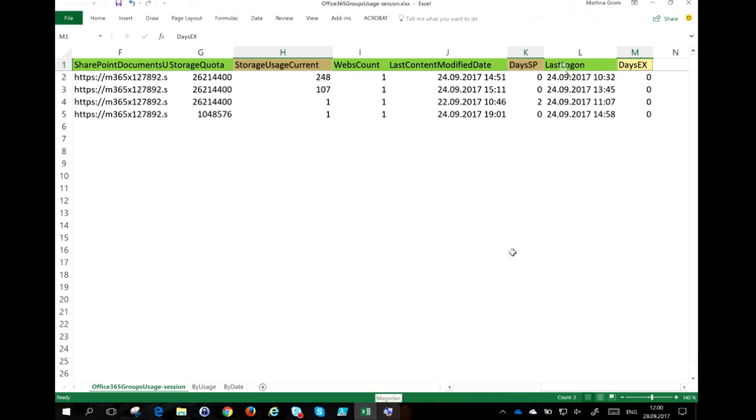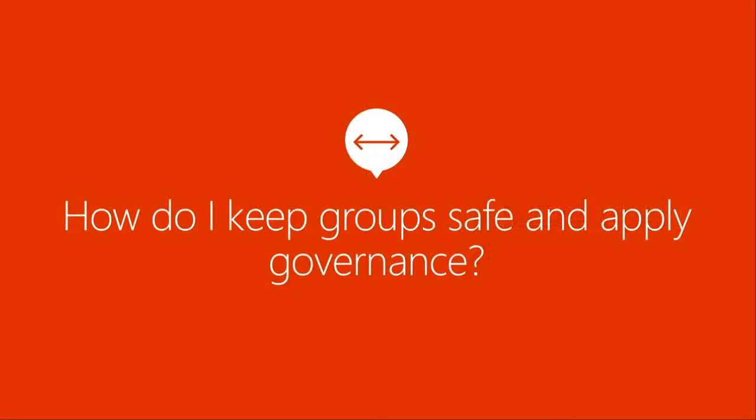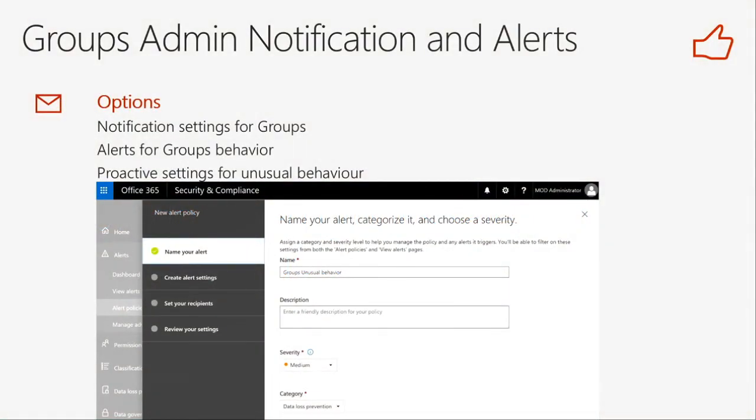Next one is, how do I keep groups safe and apply governance to my groups? One of the main things could be to create notifications and alerts within your tenant so you find any unusual group behavior.